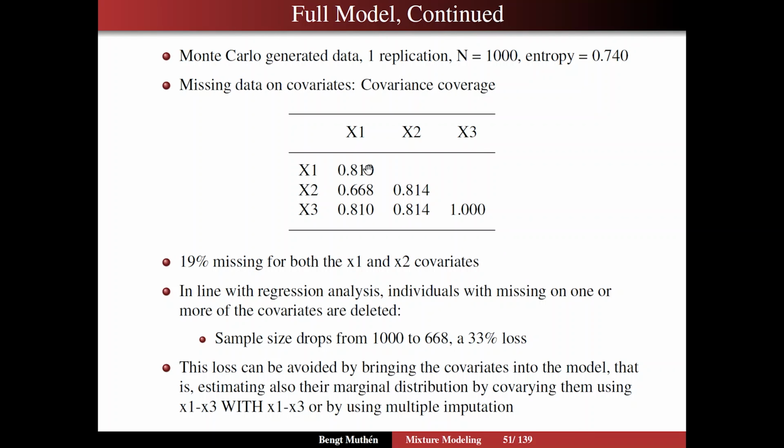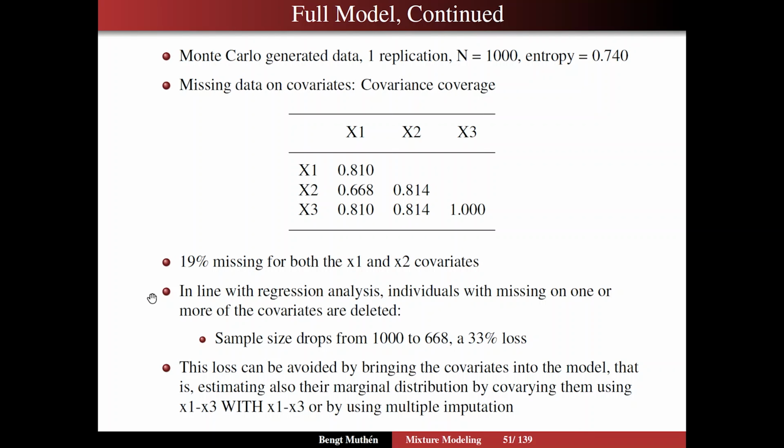So for the 3 Xs, we have the univariate coverage and the bivariate coverage. For instance, for X1, 81% of the sample is observed, which means that 19% is missing, and that's the same thing for X1 and X2.